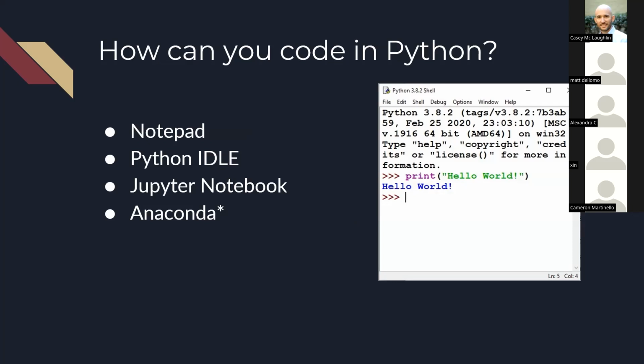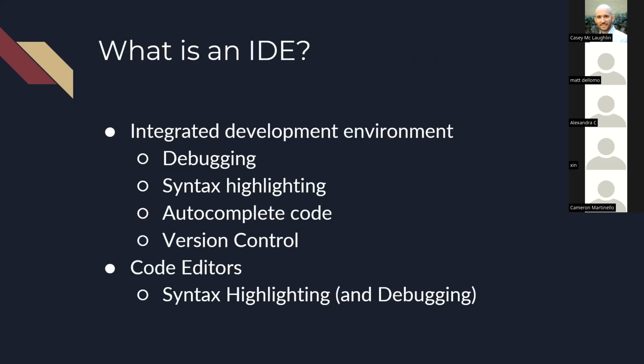You can use Python's built-in IDLE IDE. That's what you're seeing on the right hand side of the screen here. There's Jupyter Notebook as we've been using. Anaconda also comes with its own set of IDE options.